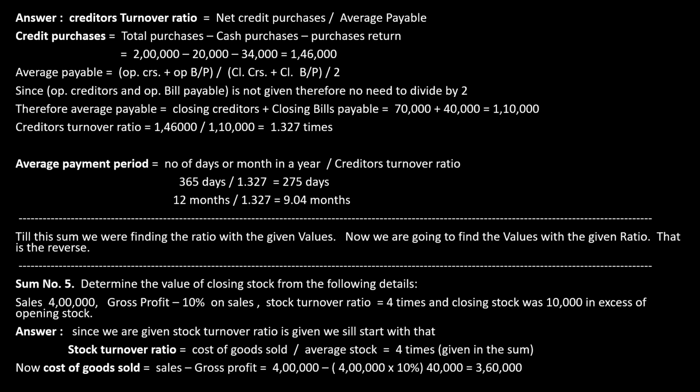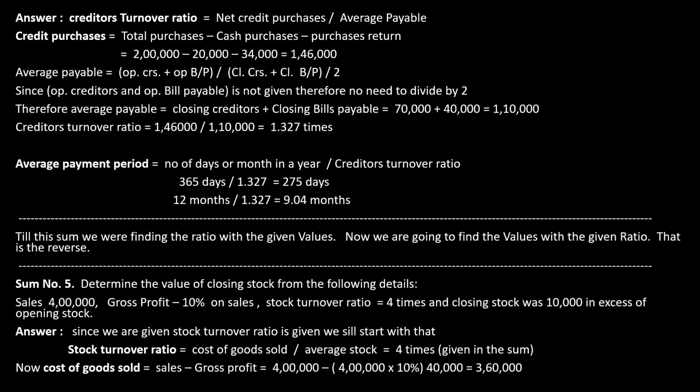But the problem says the closing stock was 10,000 in excess of opening stock, which means I don't know the closing stock, and I don't know the opening stock either. So I'll start with X. The formula for stock turnover ratio is cost of goods sold by average stock, which gives 4 times.